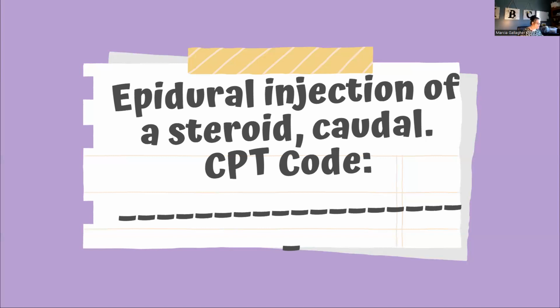Okay, so epidural and then injection. And then it says blood or clot patch, with disc decompression, neurolytic substance, transforaminal, and lysis. Y'all, I need a magnifying glass. I can't see.